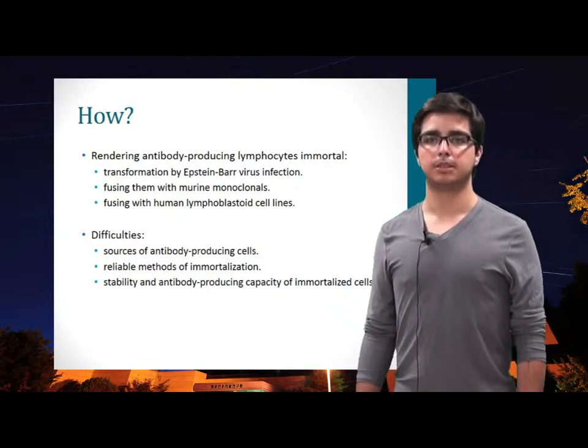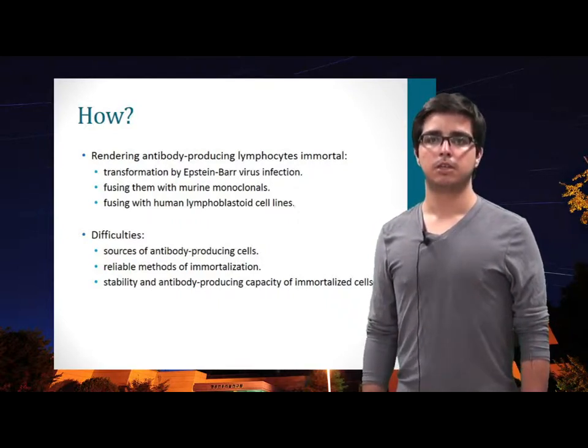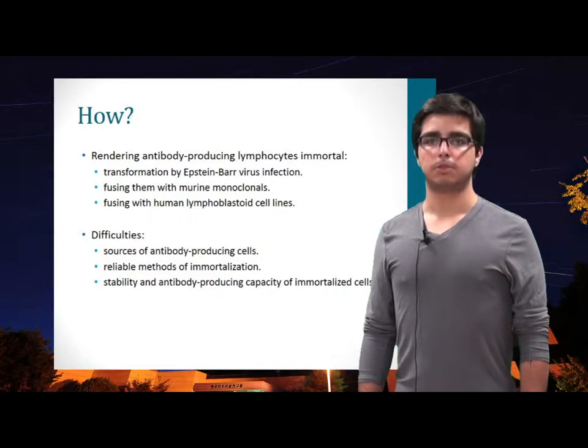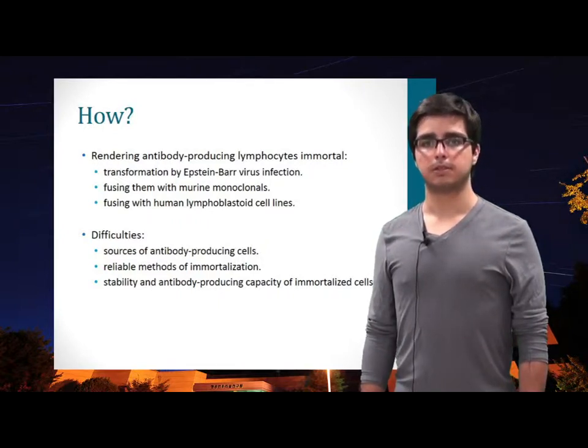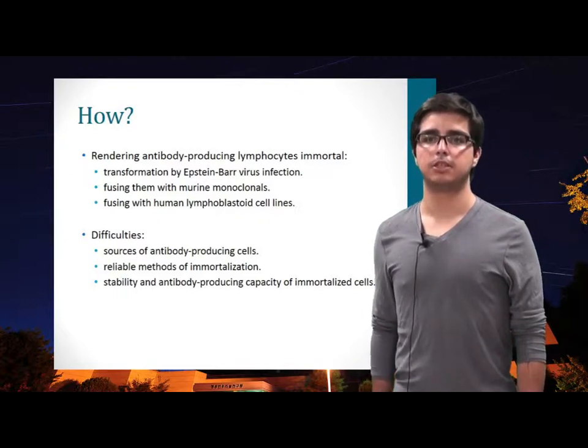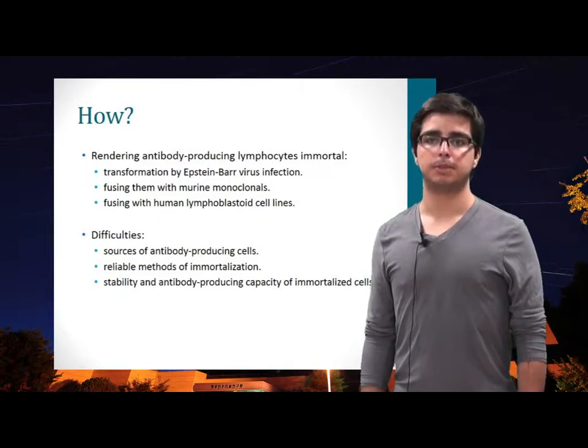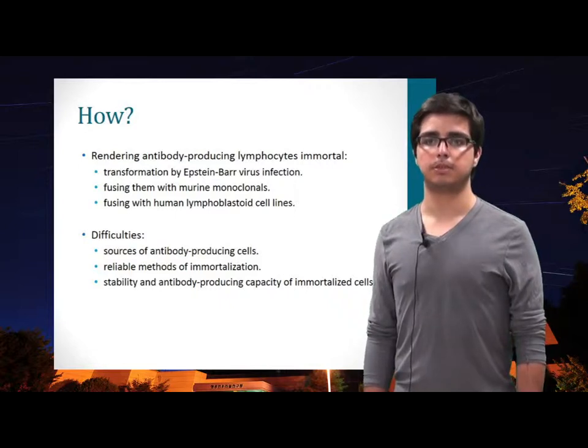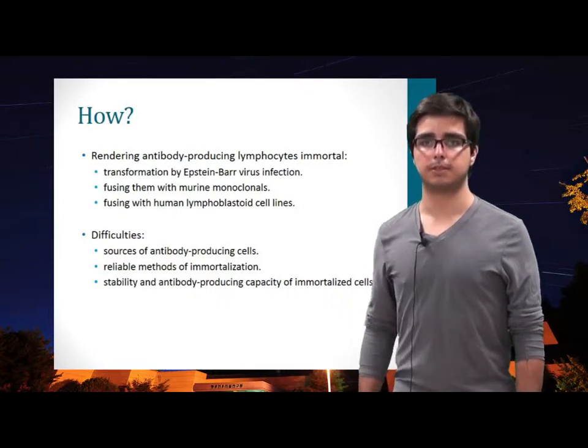But this is very difficult due to the sources of antibody-producing cells, the unreliable methods of immortalization, and also we can't be sure about the stability and antibody-producing capacity of immortalized cells.